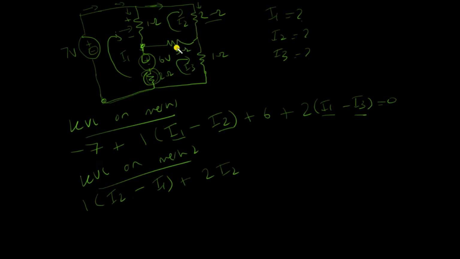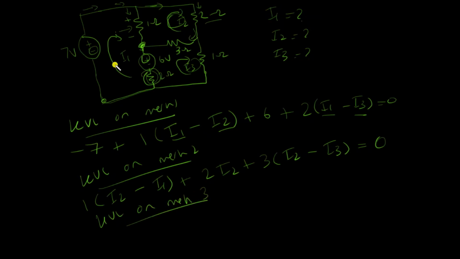This is just the periphery. And then I move down here to the 3 ohm resistor, which is an intersection between mesh 2 and mesh 3. So the mesh I am dealing with minus the other mesh in the intersection, and then I reach back at my starting node. So this is the KVL on mesh 2.